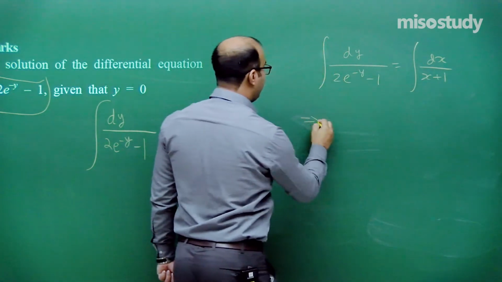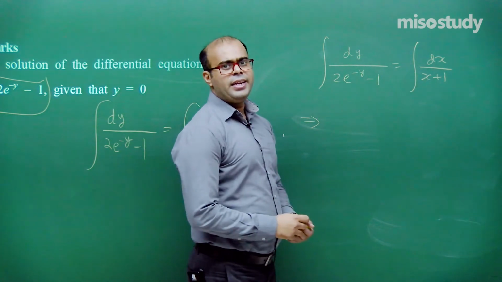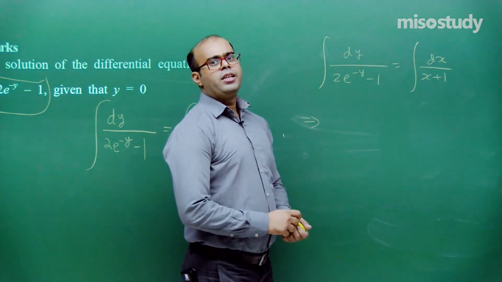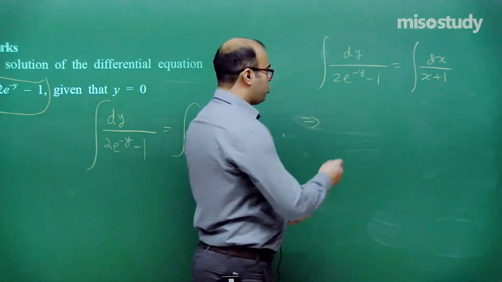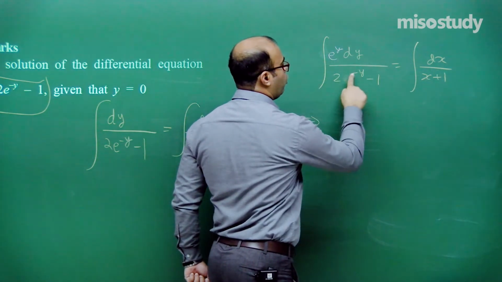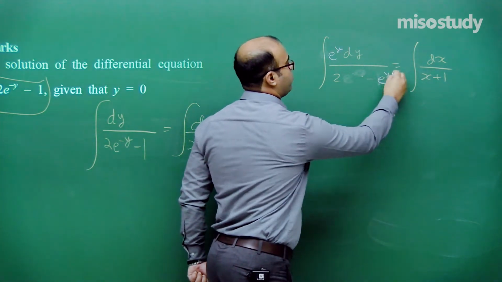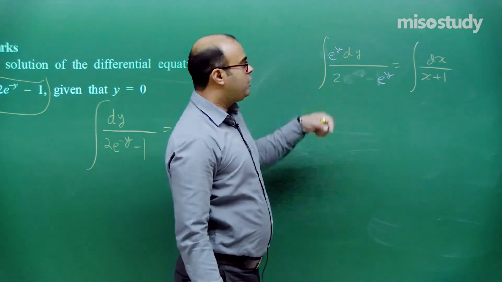Now when we integrate, what change we can do, let us multiply by e^y in the numerator and in the denominator. So this will become e^y, this will become e^0, so 1, and this will become e^y again, right. Now it is easy to integrate.